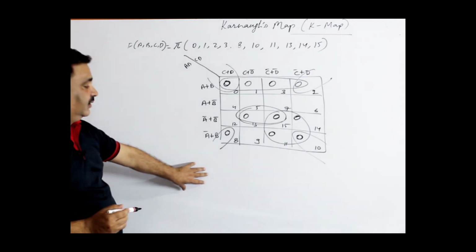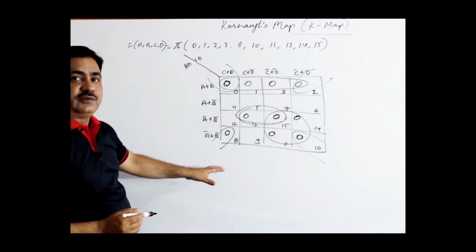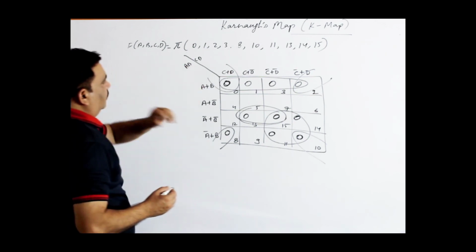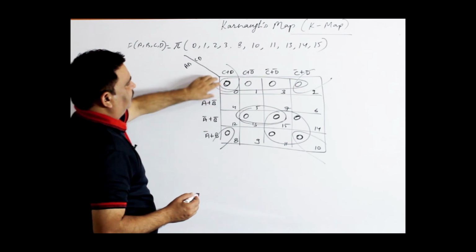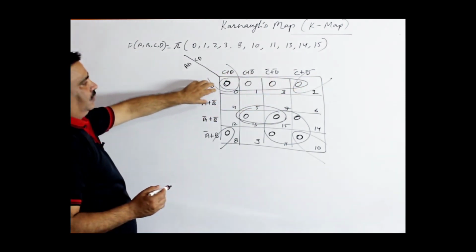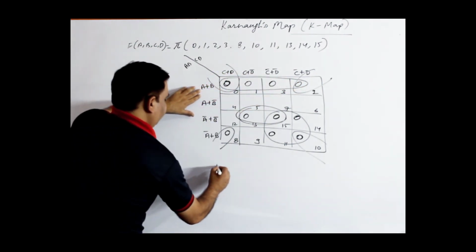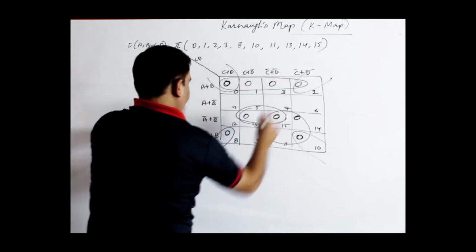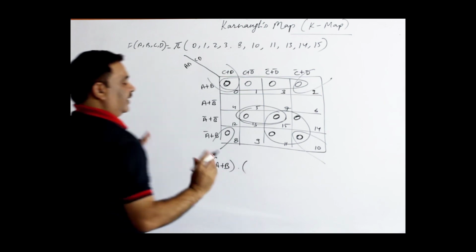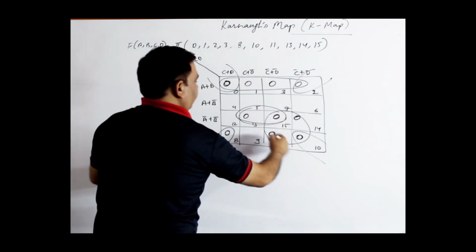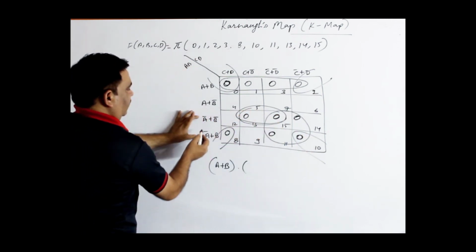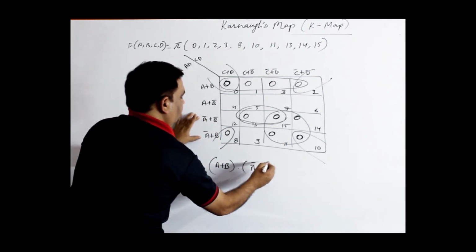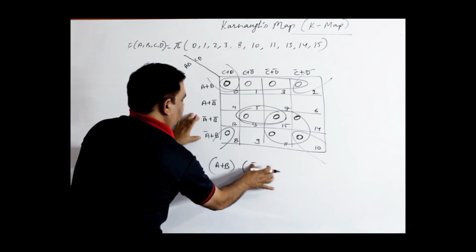How to write the POS expression: first of all find the terms. From this quad, the left side is A plus B, write A plus B. On this side nothing needs to be written because all are changing, so put it in a bracket, then put a dot for the next term. For this quad, on the left side B complement changes to B, remove this, take only A complement.